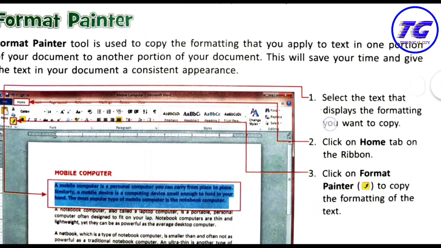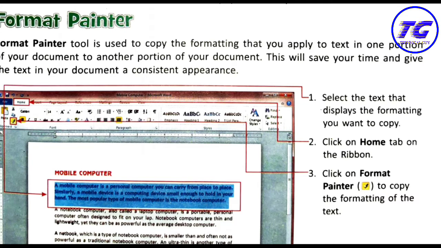Next we have the first feature of Microsoft Word, called Format Painter. Format Painter helps us to copy the formats from one text and apply them somewhere else.